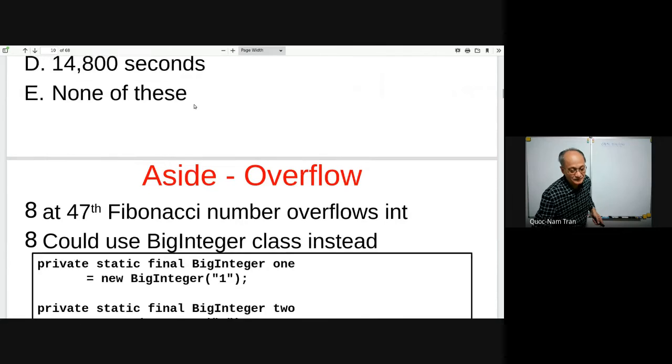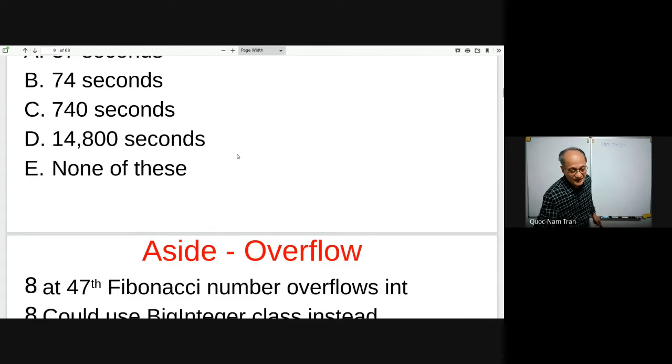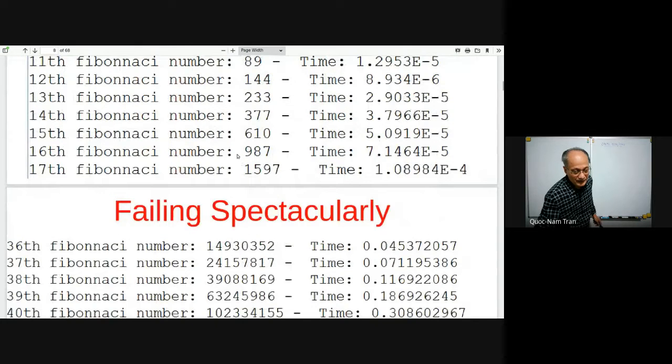So that said, if we write a program like that with very small inputs, that's fine. But we will show the complexity of this algorithm. Let me go back here.